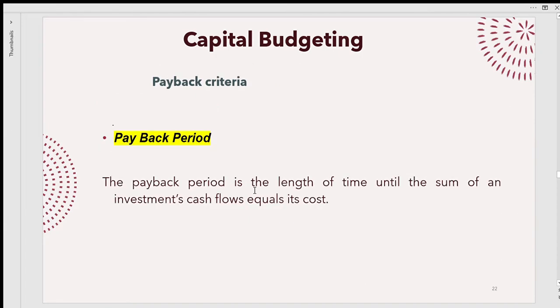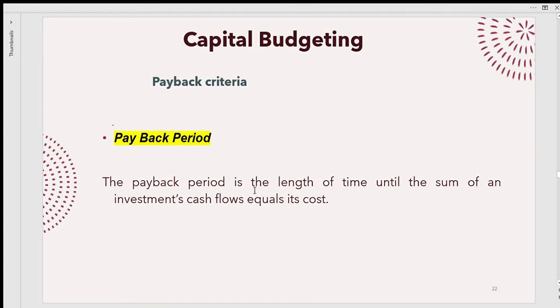Payback period is the payback criterion: in how many years you get back your investment or your cost. It is the length of time until the sum of an investment's cash flows equals its cost. For example, if you make an investment of 1 lakh and you get the output in 5 years, then your payback period is 5 years.